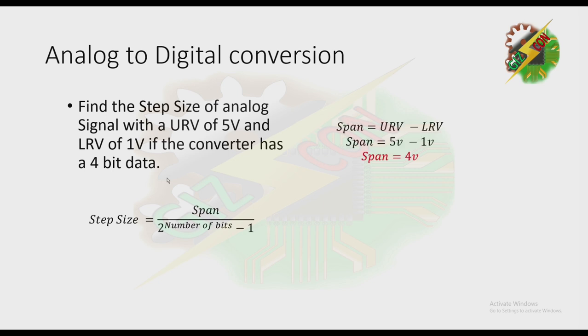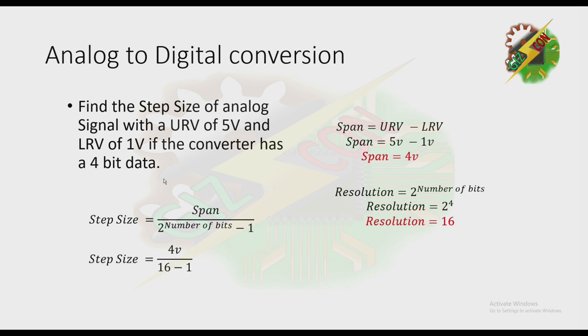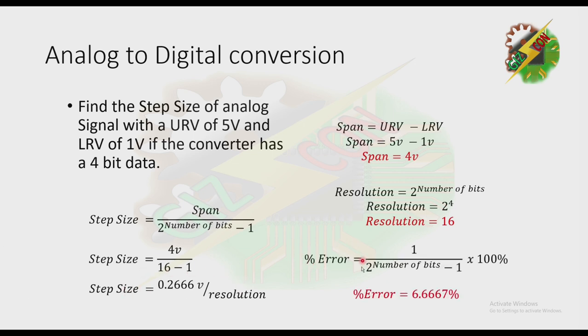First thing is we need to find the span. Then find the solution. Okay, we have this result. We have a percent error of 6.667%.